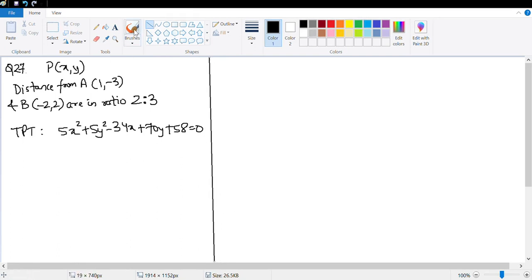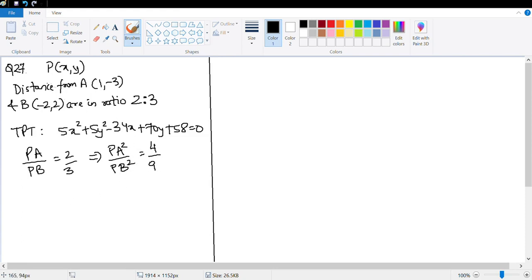So PA upon PB is given equal to 2/3. Squaring both sides, PA square upon PB square will be equal to 2/3 whole square, which means 4/9. So let's apply the distance formula and see where we reach.